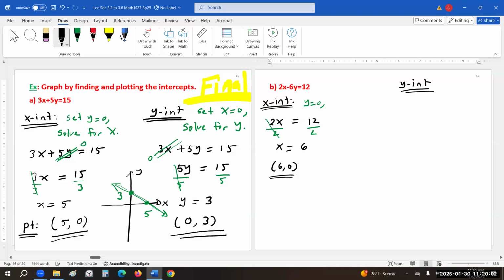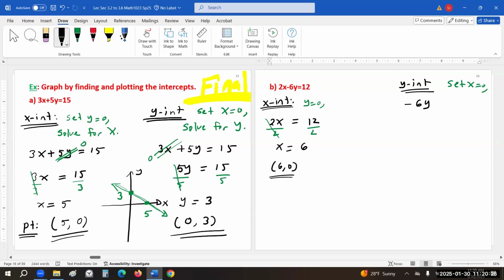Now let's see. Is it Janisha? Y-intercepts. So we are going to set x to be 0. So negative 6y.